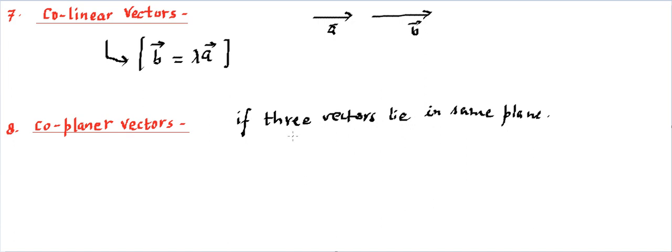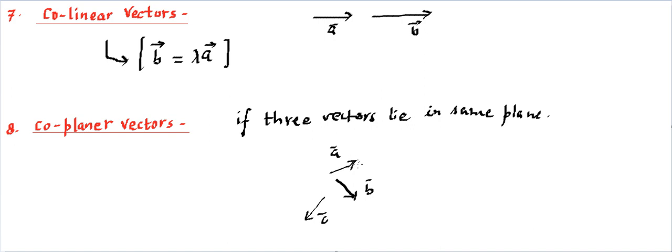More than three can also be there, right? So let's say I'm drawing a vector A over here, vector B like this, vector C like this. You will find all the three vectors have been drawn in this plane of the whiteboard. All these vectors are coplanar. If I draw a D vector which is starting from this point and coming outward to this screen, that vector will not be in the plane of A, B and C. Hence we can say A, B, C, D are non-coplanar, right?